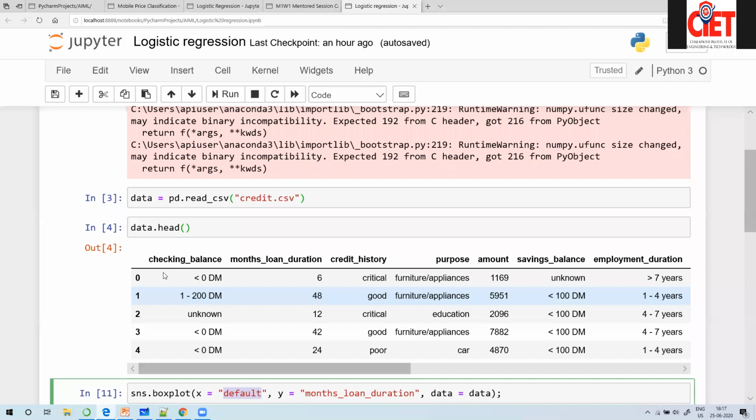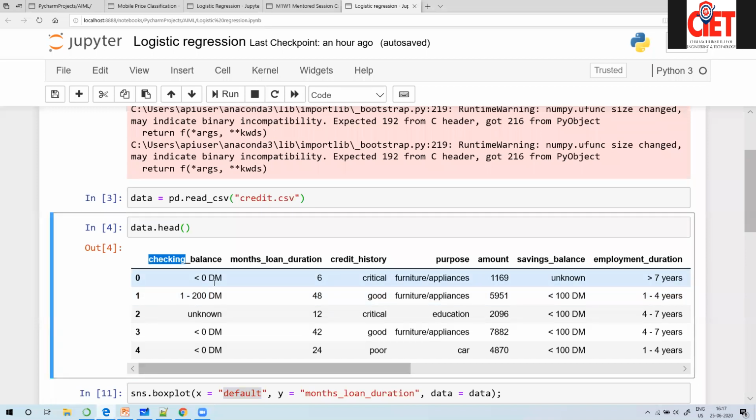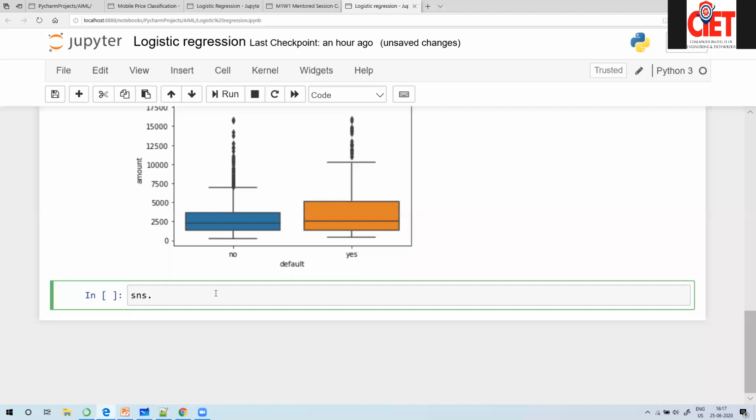If it is the same, then checking balance has nothing to do with a person defaulting on the loan. If it is not the same, then checking balance is important in deciding whether a person is going to default or not.